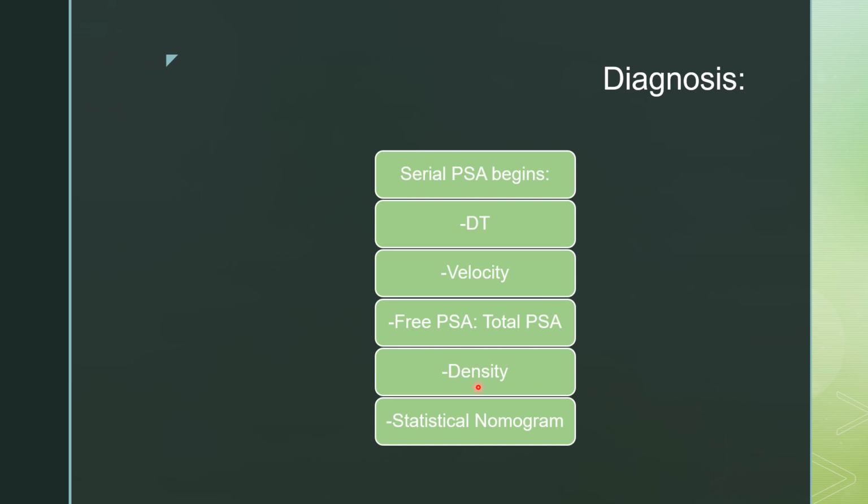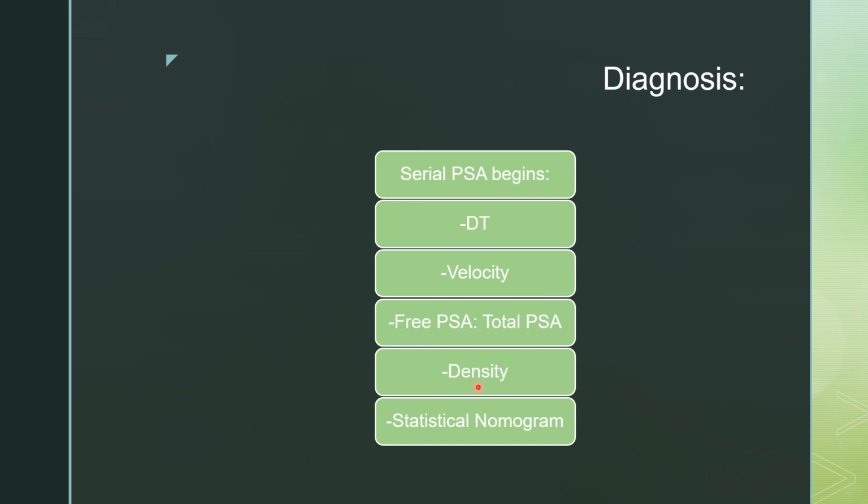Now, back to the PSA density. We need to have ultrasound done at this time, and we will go through the rectum, transrectal ultrasound, while we will be taking PSA in the blood. So with the aid of that ultrasound, we can look at the size of the prostate gland itself.